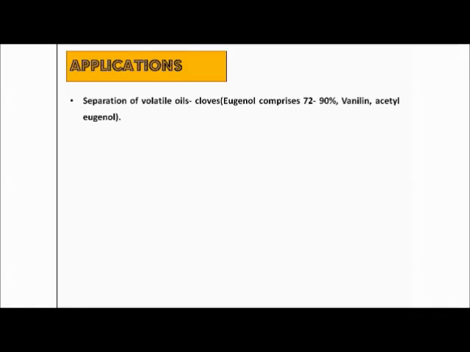For example, if we want to separate the volatile oil from cloves, the cloves generally have volatile oil which has eugenol around 70 to 90%, and moreover it has vanillin and acetyl eugenol. The separation of these three components can be easily done by the use of distillation.